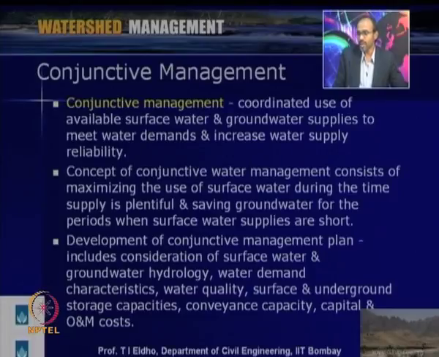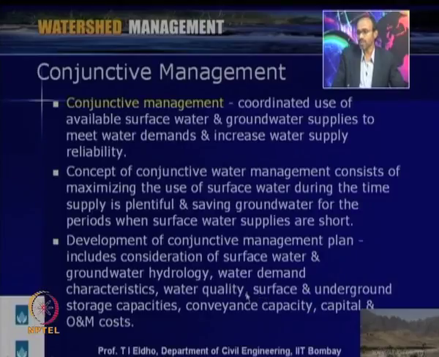So, the conjunctive management plan development includes consideration of surface water and groundwater hydrology. We have to see the rainfall pattern, the geological characteristics, hydrogeological pattern, then water demand characteristics. So, how much water is needed, for what purpose water is needed and when it is needed, what season farmers need more water. Then water quality.